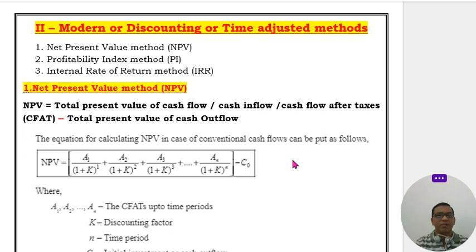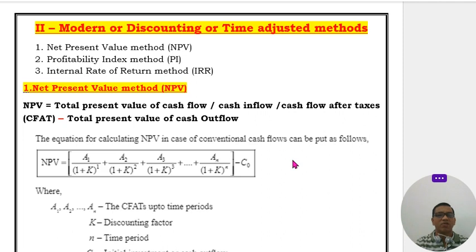Capital budgeting techniques, second category: modern methods, discounted time adjusted methods. What is the difference between the traditional methods and these methods? As I explained in my previous video, in modern methods we are applying the concept of time value of money.